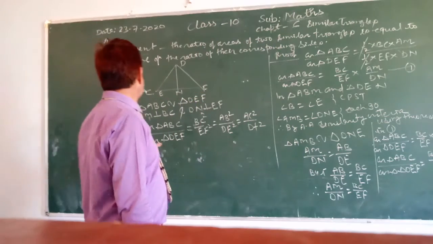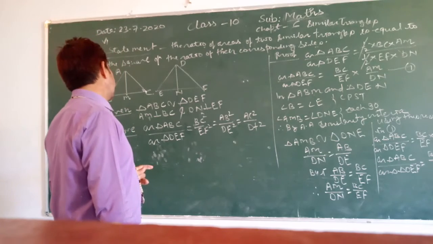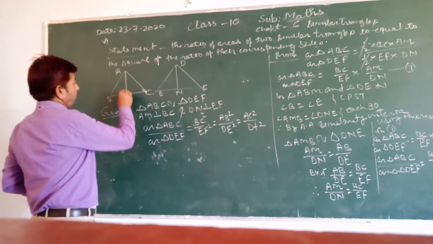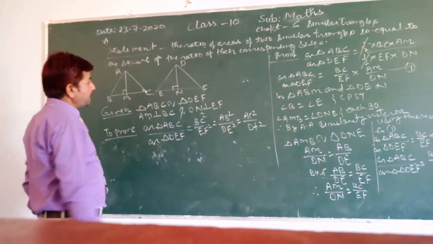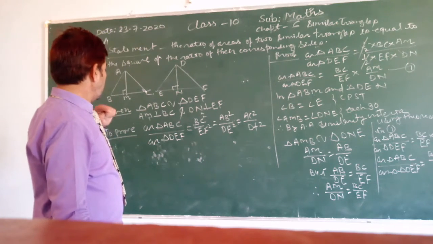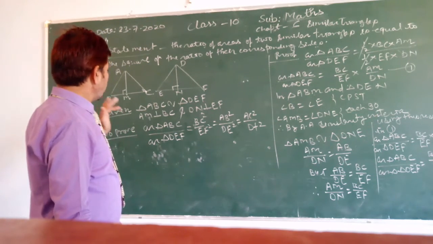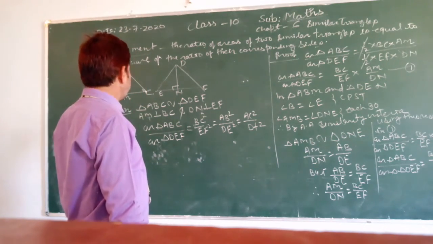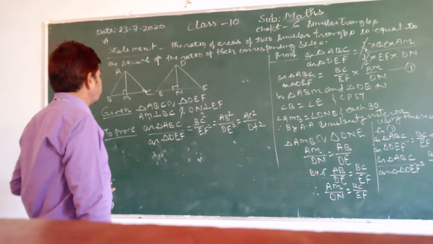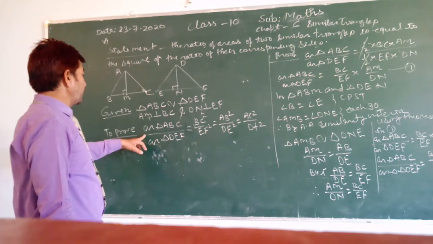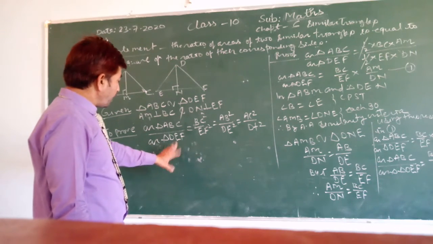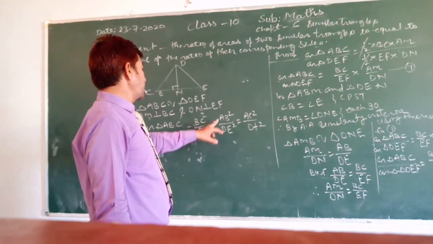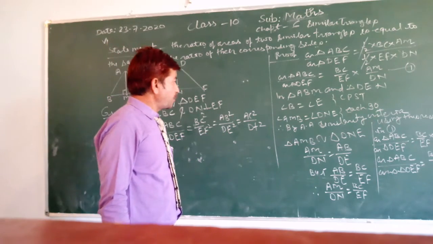For this, we consider two triangles ABC and DEF, in which AM is perpendicular on BC and DN perpendicular on EF. What is given? Triangle ABC is similar to triangle DEF, and AM and DN are perpendicular on sides BC and EF respectively. We have to prove area of triangle ABC upon area of triangle DEF is equal to BC square upon EF square, AB square upon DE square, AC square upon DF square.